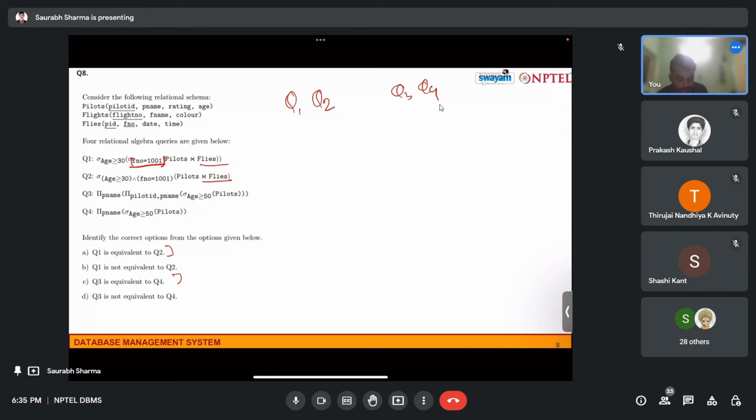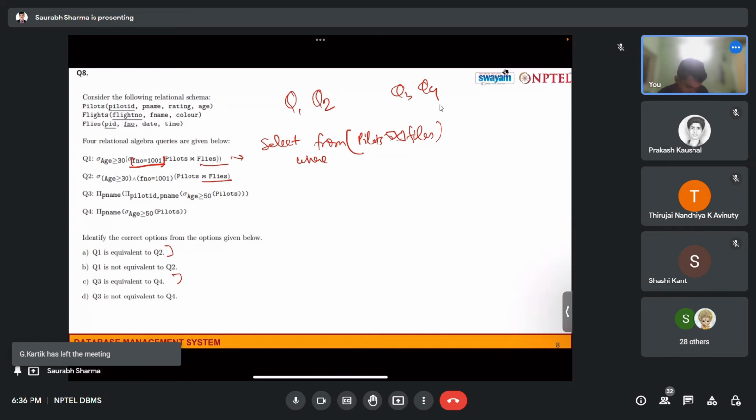So what we say: select from pilots, files, where fno equal to 1001, and then we will apply select on this also, where age is greater or equal to 30.